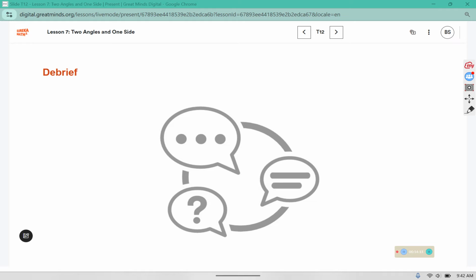My recommendation is that you go back to the graphic organizer from the previous lesson and add these criteria to the how many triangles page. When were we able to create one triangle? And when were we able to create more than one triangle?